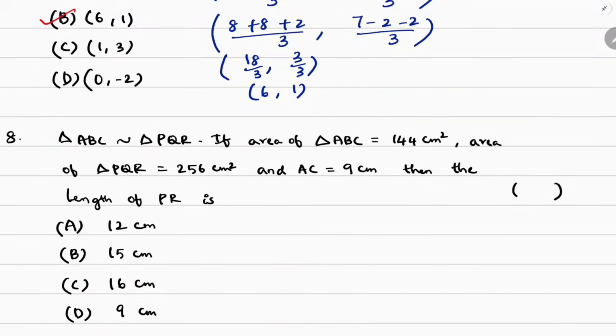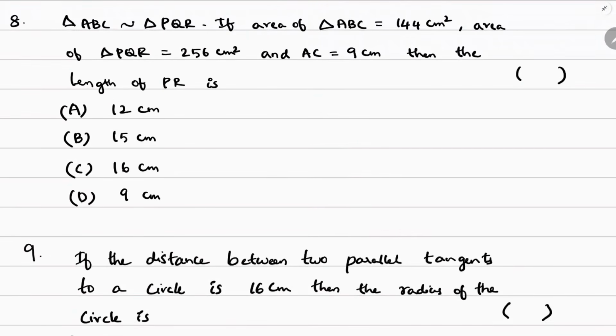Next question. Triangle ABC is similar to triangle PQR. If the area of ABC is 144 and area of PQR is 256, AC is given, the corresponding sides, and they're asking for PR. So if I apply the area theorem, area of triangle ABC by area of triangle PQR equals AC by PR whole square.